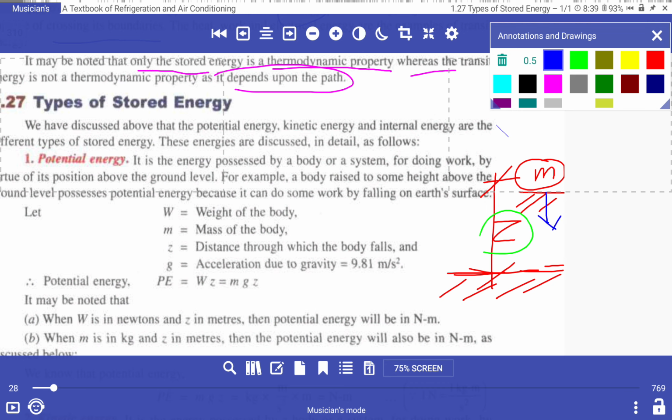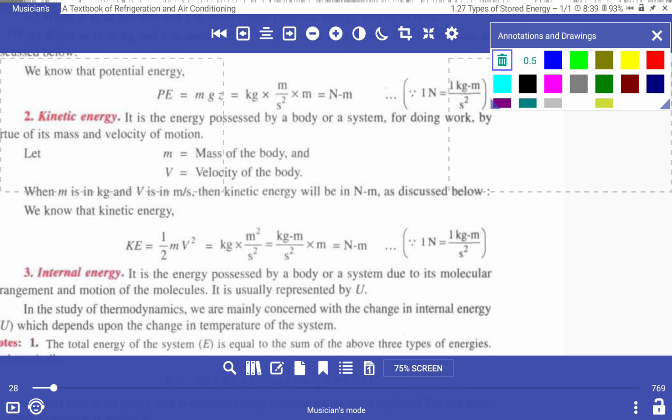And the weight W is equal to, so sorry, it was deleted by mistake, and there's no way I can undo it.